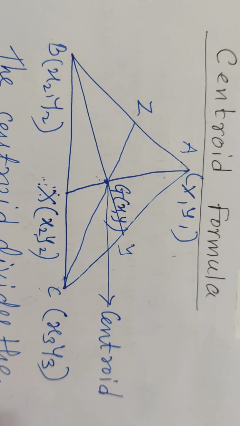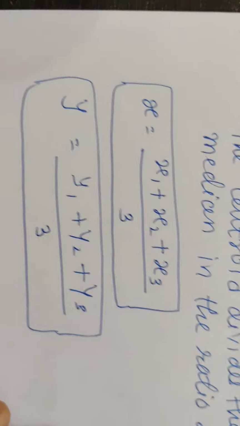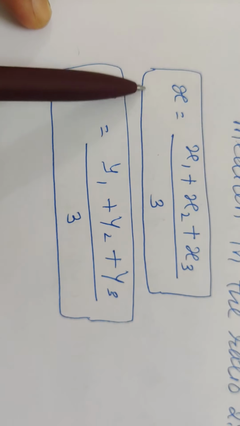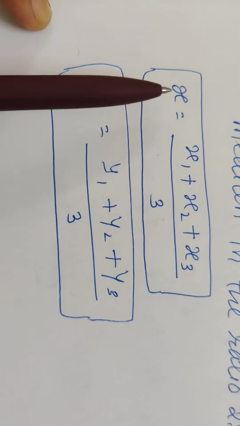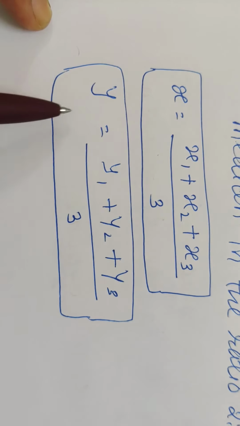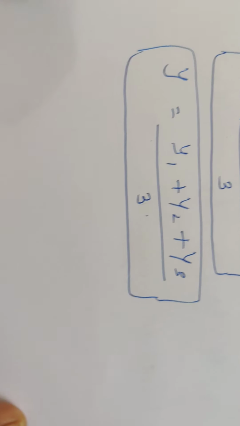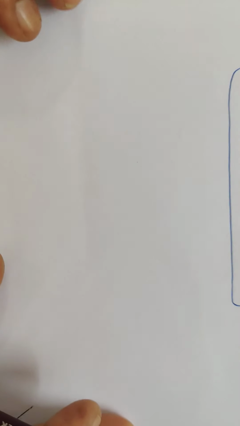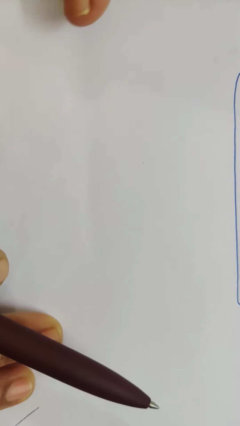If the coordinates of all three vertices are given, and you want to find the coordinates of the centroid, then by using these two formulae we will get them: the x coordinate with this formula, and the y coordinate with this formula. Also you can use the formula simultaneously in this way, as I showed you yesterday for the midpoint formula and the section formula.